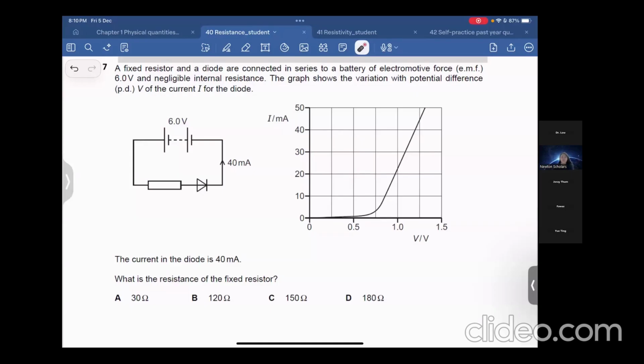Wesley, no. Try again. We have two components right now. Please make sure you are talking about the correct component. Any others?